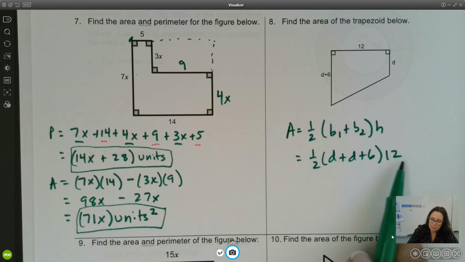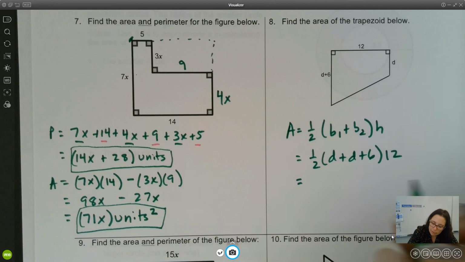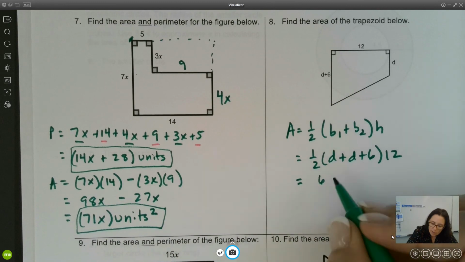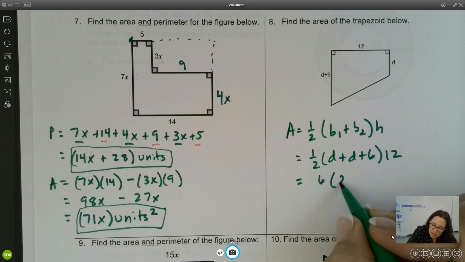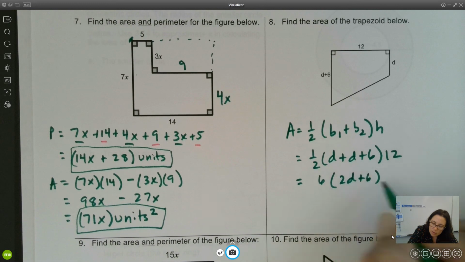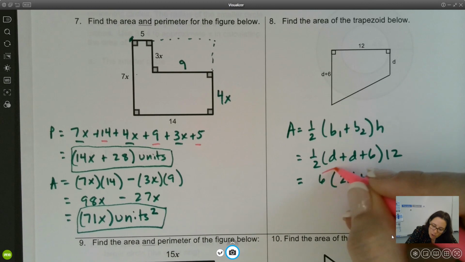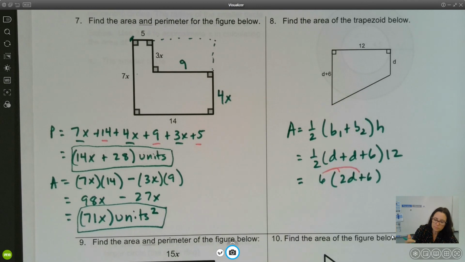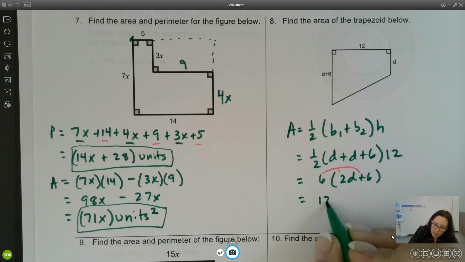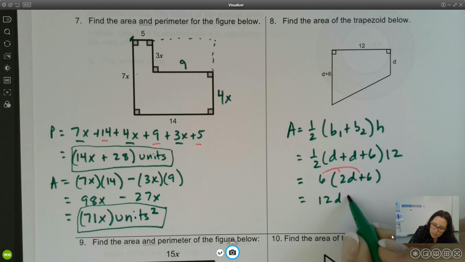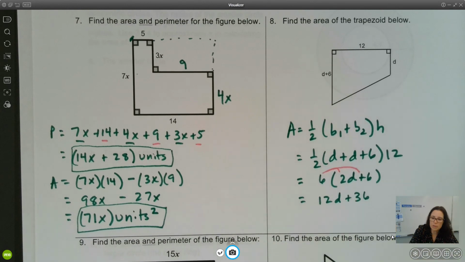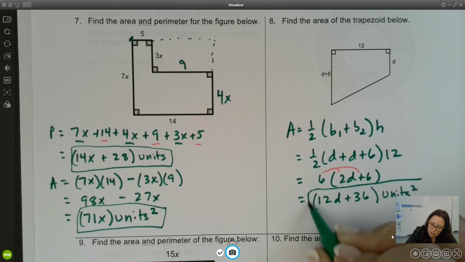Okay, I'm going to take half of 12, get rid of that half right now, and I've got 6 times (2d plus 6). You guys remember distributive property all the way back in Module 1? That would end up being 12d plus 36. Okay, and this is an area, so we need parentheses around the whole thing with units squared.